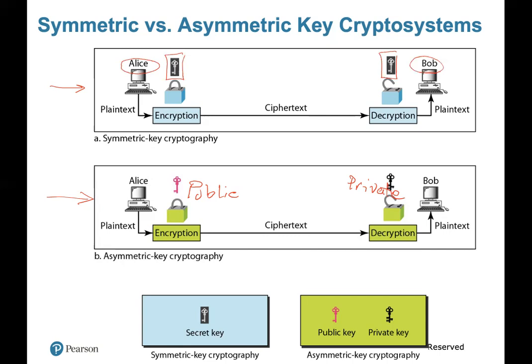But the technical question you may ask is who is going to share that key, and how are we going to do that? This is where asymmetric encryption algorithms play a role. We can use asymmetric encryption algorithms in order to share a key over a non-secure channel.